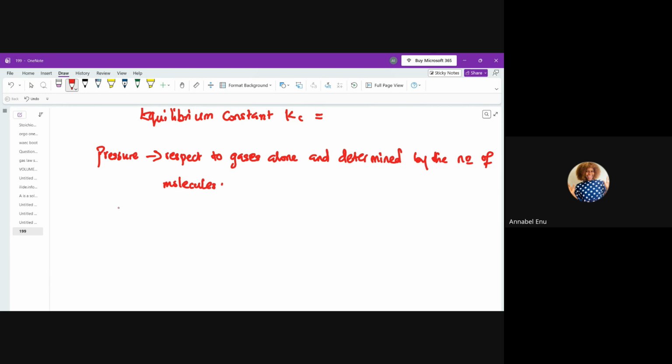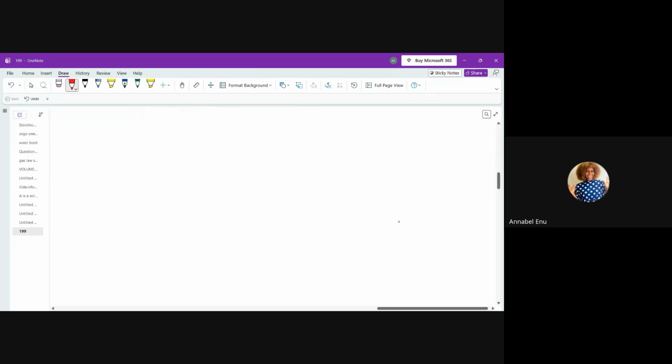So because of this, we should take note that equilibrium, please, I hope you people are jotting down. Equilibrium moves away from the side with more number of moles, more number of molecules.